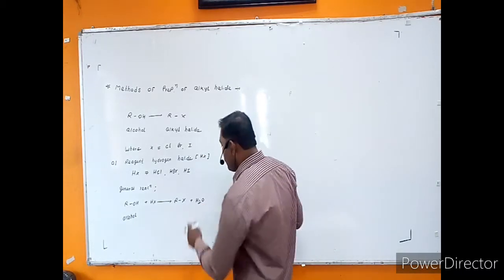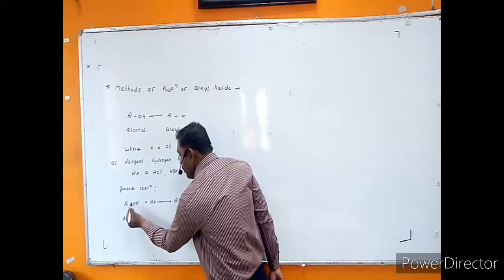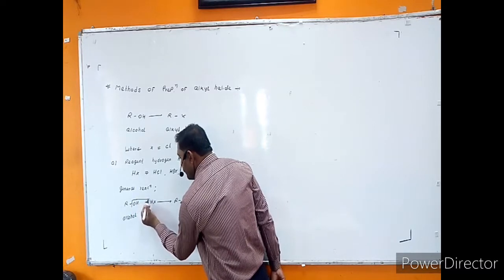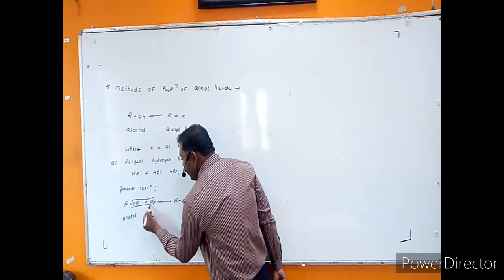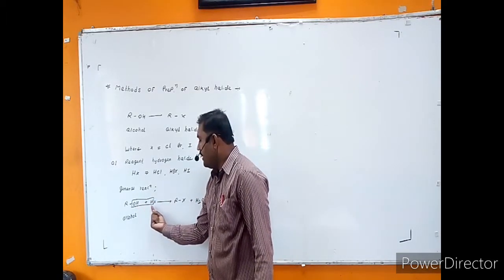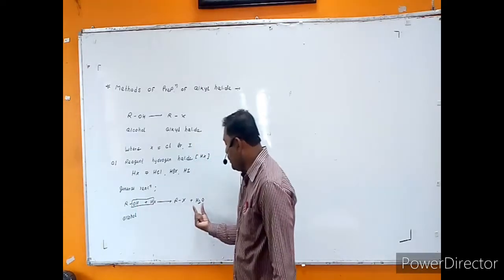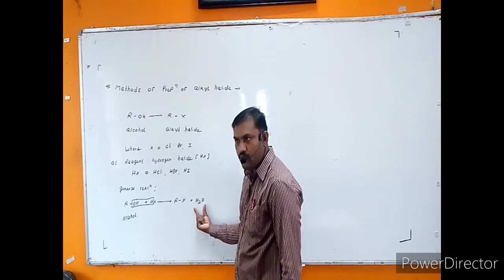This byproduct is a combination of the OH group of alcohol and the hydrogen of hydrogen halide. These two combine together and we get byproduct water.